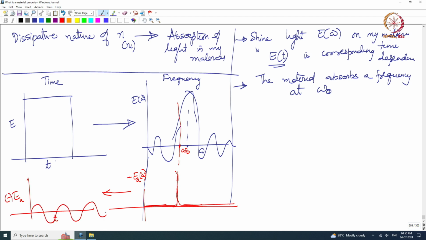It has only a unique frequency, and so the inverse Fourier transform of this is just a sinusoidal function. Okay, all right. So now what do I detect, right? I am detecting in the time domain, right. So this is the input, or this is what I shine into the material, this is the input.